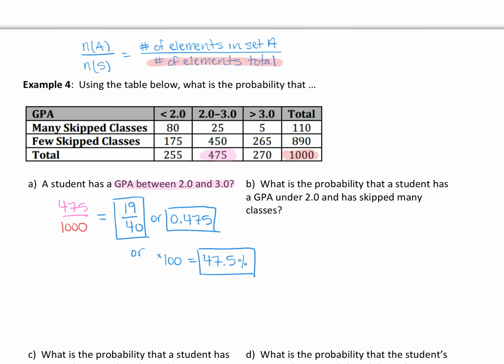And now we want to know, what is the probability that a student has a GPA under 2 and has skipped many classes? All right, GPA under 2 and has skipped many classes. So GPA under 2, we're looking here, and has skipped many classes. So that's the 80. There are 80 students who have skipped many classes and has a GPA under 2.